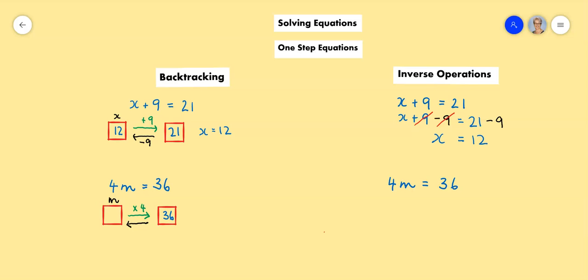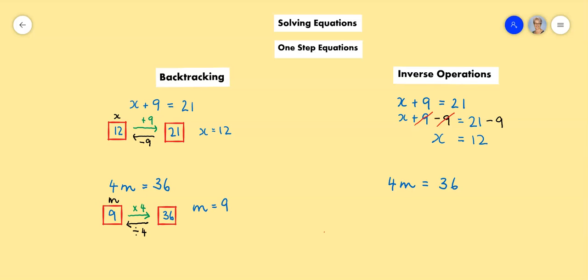Now the opposite of times 4 is divided by 4. So to undo that times 4 and work backwards to find m, we need to divide by 4. 36 divided by 4 gives me 9. So that is my answer. m is equal to 9.